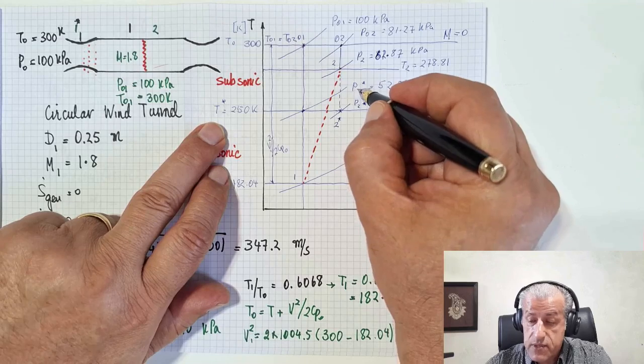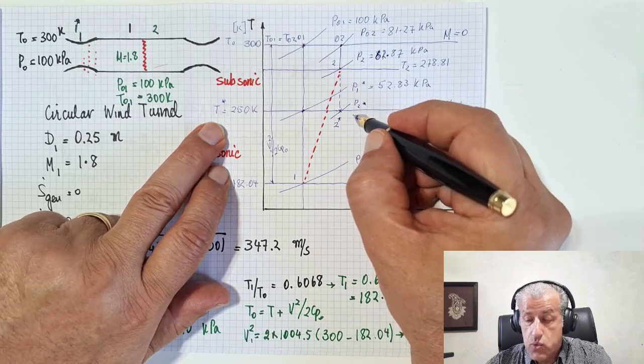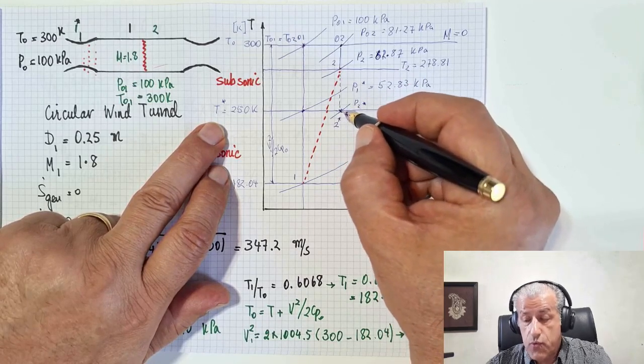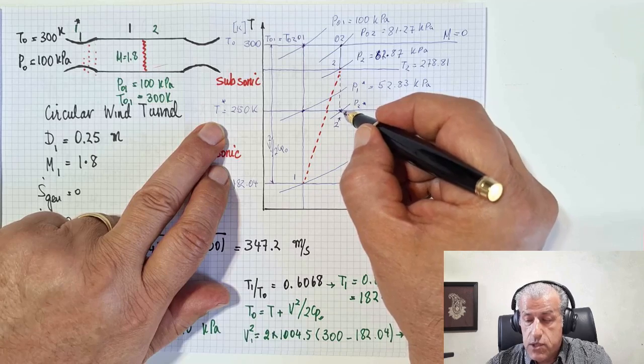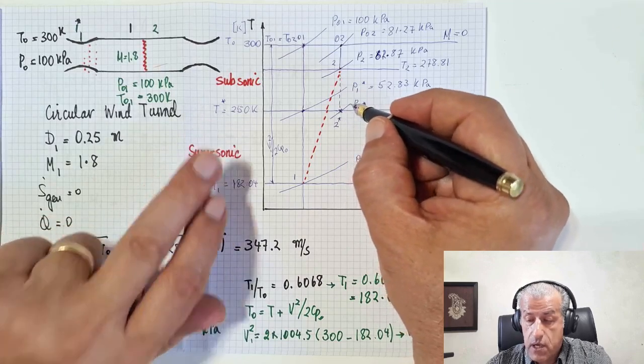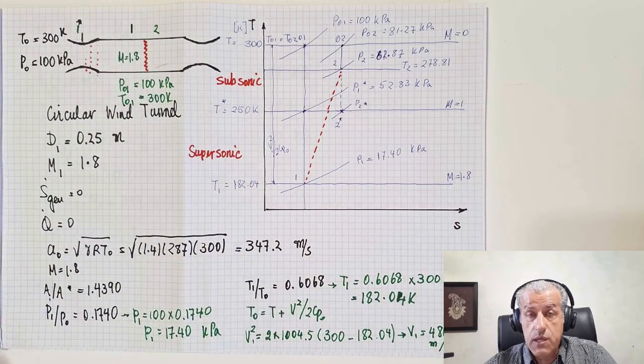This was P1 star, and this is P2 star. If we want to calculate a throat for point 2, we need to calculate P2 star and see what that value would be and what the area of the second throat would be.